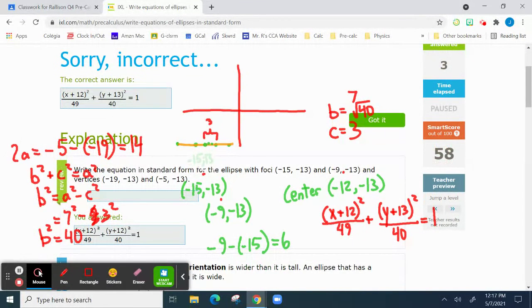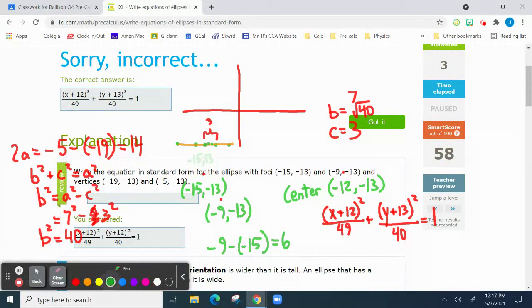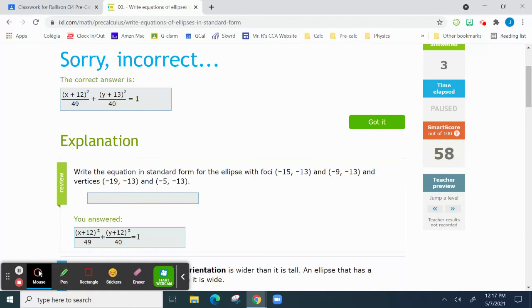So that's definitely the answer that I have right here. So I must have a typo, right? I put in y. Oh, I do have a typo. Well, the typo cost me points. I put in y plus 12, even though I had y plus 13 written over there. Oh well, my bad. Good thing I have this button.